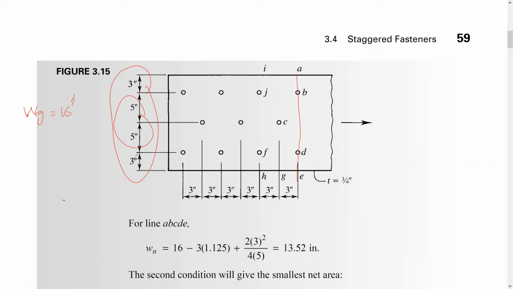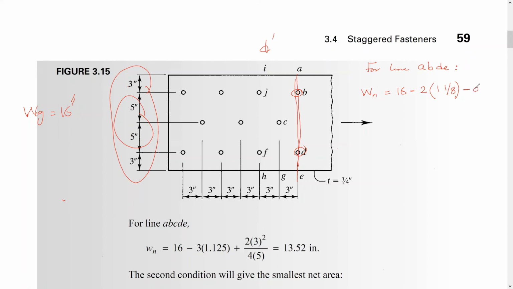For the path or line A, B, D, E, the net width equals the gross width, which is 16, minus the number of holes, and we have 2 holes, times the hole diameter, which is 1 1/8. We have no s squared over 4g term because we have no inclined lines.